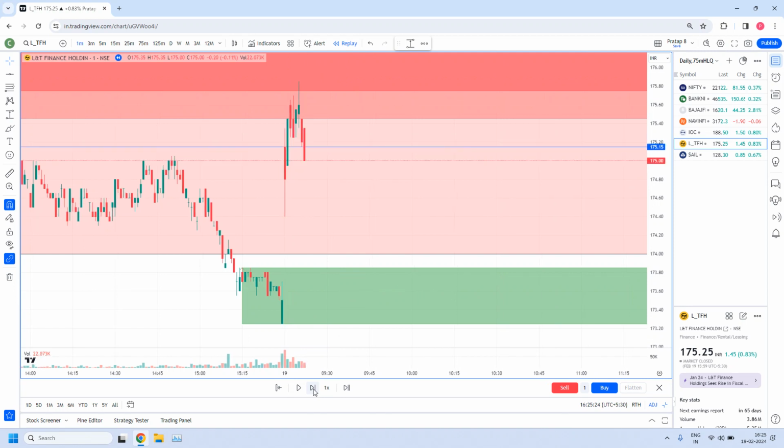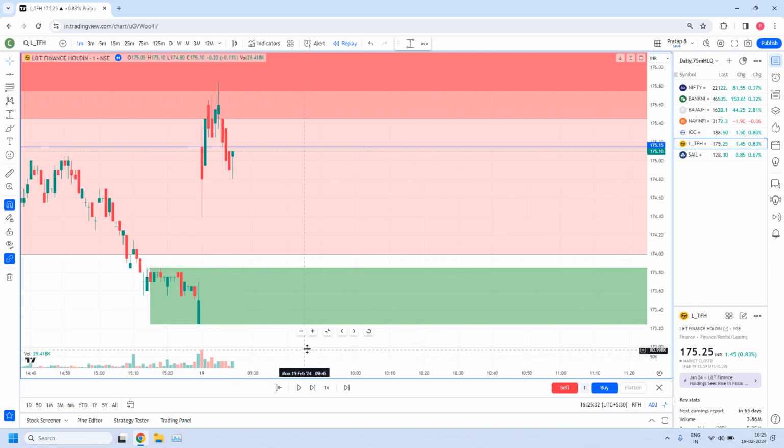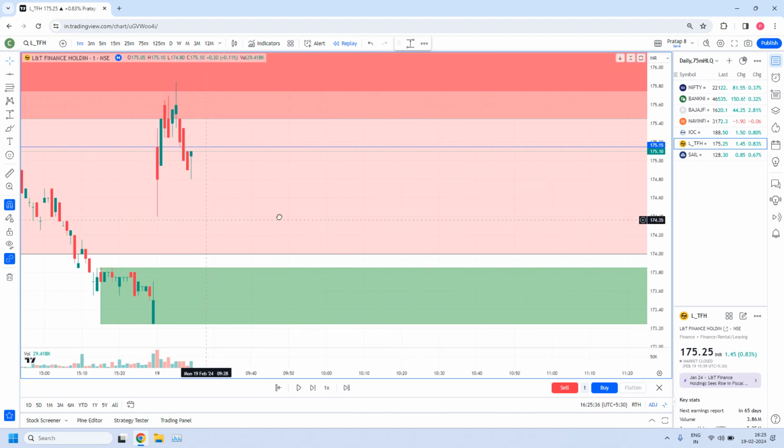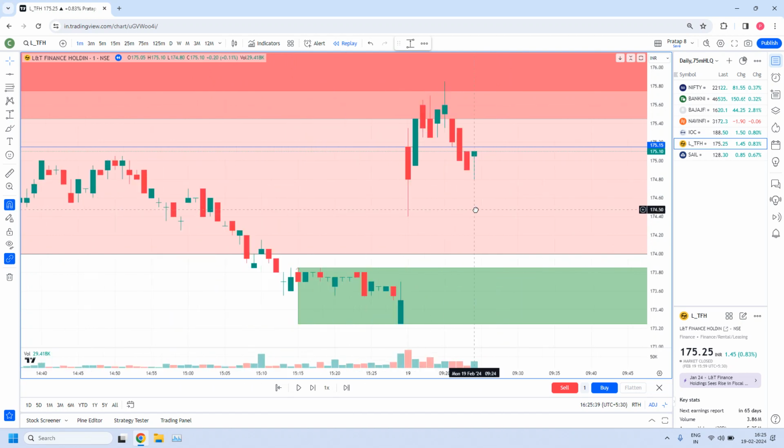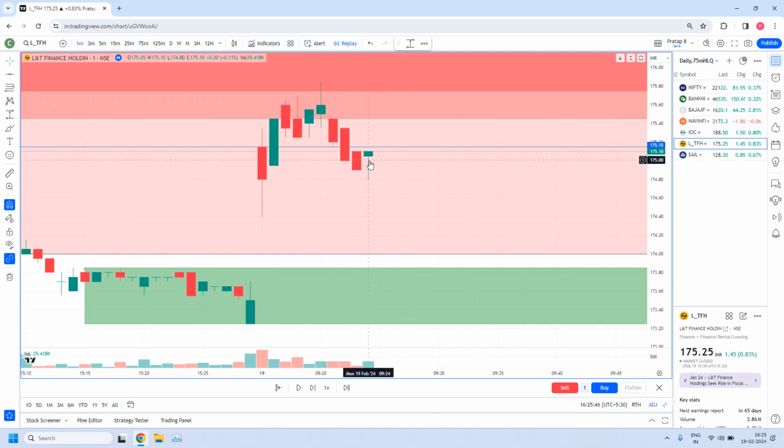We have a drop, another drop, another drop. And if you observe here, we have a drop, we have base candles, we have a drop, or base candle, or a drop and two base candles. Either way you can consider, because this is a tiny candle.